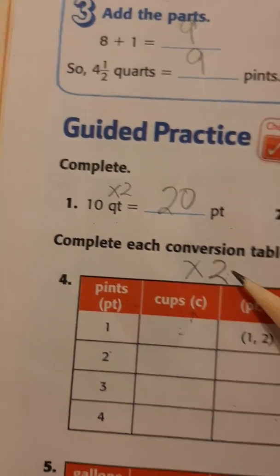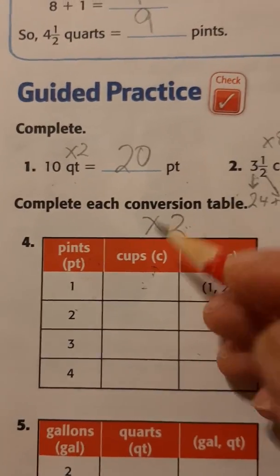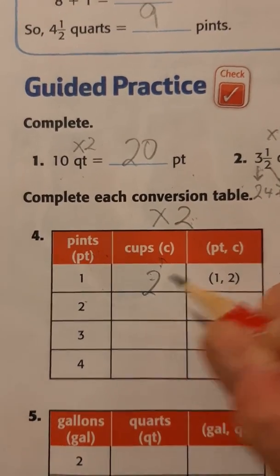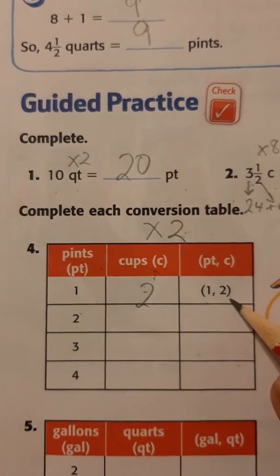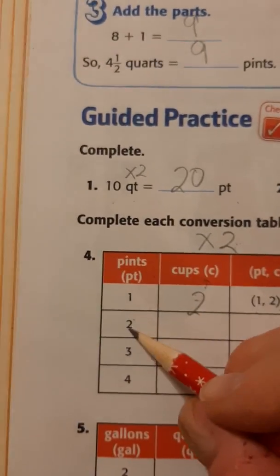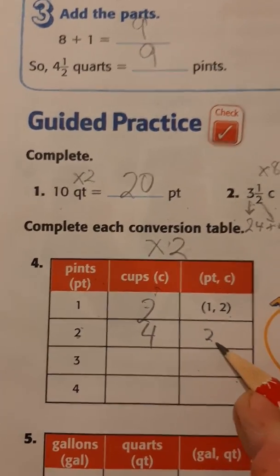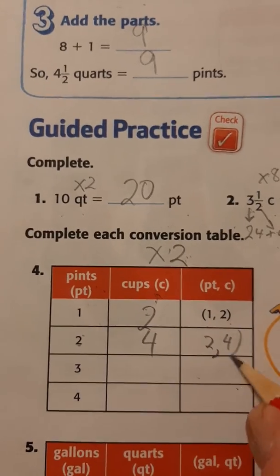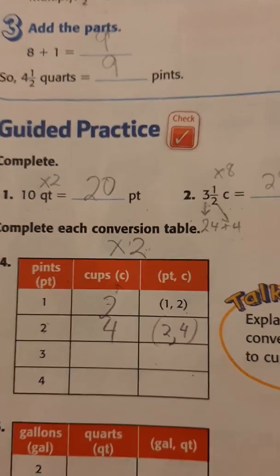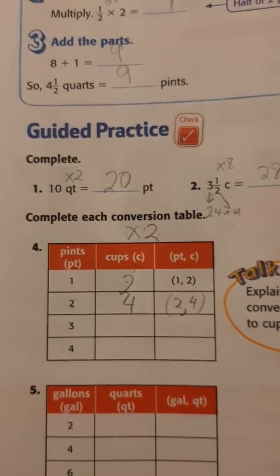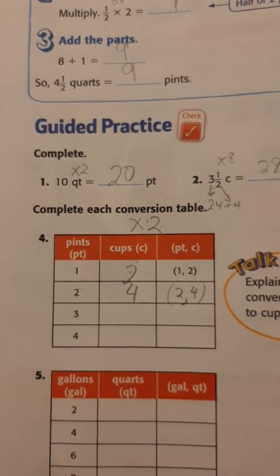So now it's easy. 2 times 1 is what? 2. 1 pint to 2 cups. 2 times 2 is 4. 2, 4. Finish this chart, stop the video, and then we'll go on.